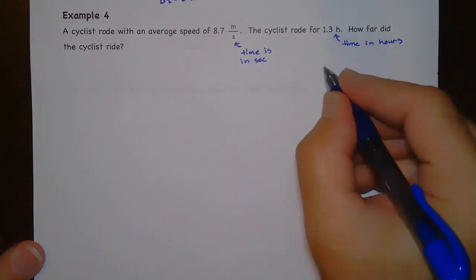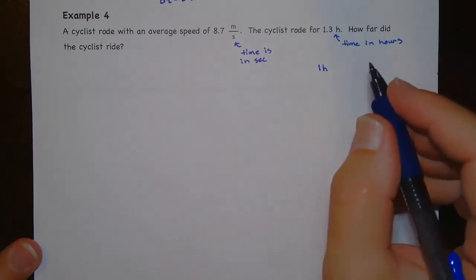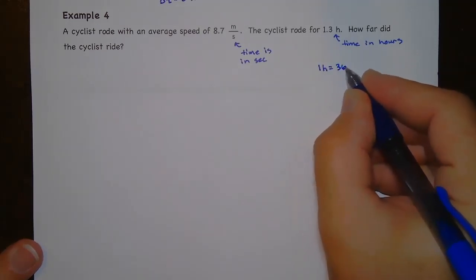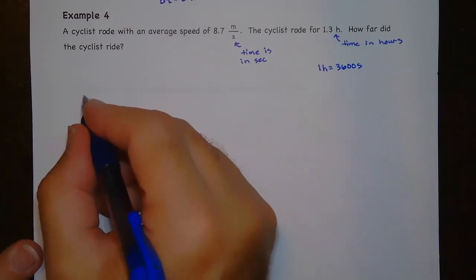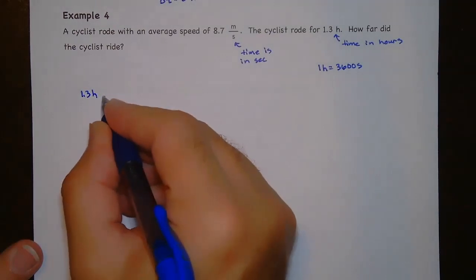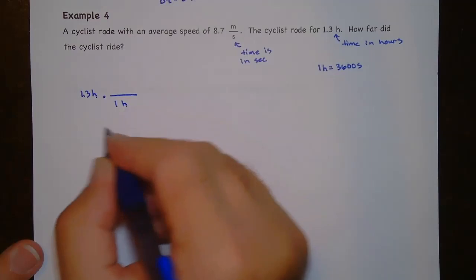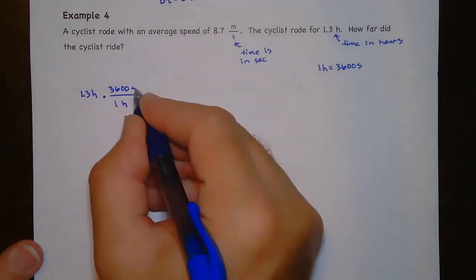All right, so we should know that and you could do this a couple ways. Okay, but now you may know that 1 hour is equivalent to 3,600 seconds. Okay, so we have 1.3 hours times, and I know 1 hour is equivalent to 3,600 seconds.